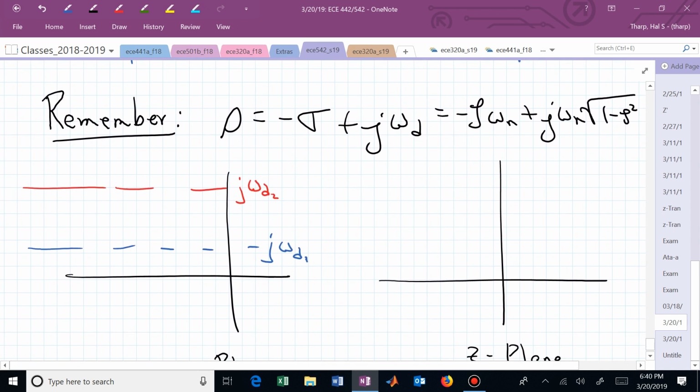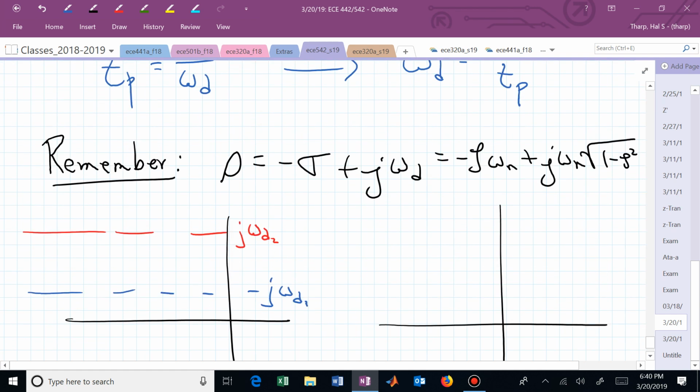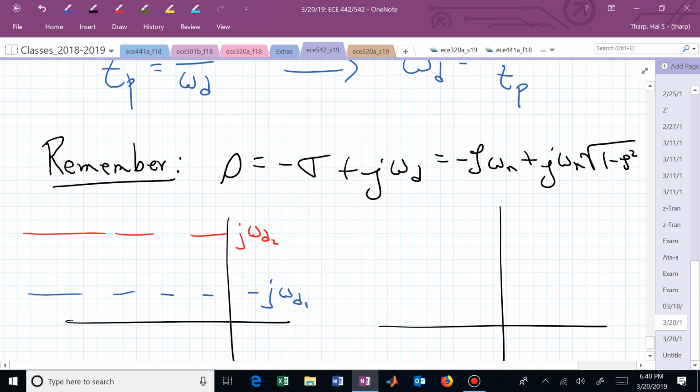What does that correspond to in the z-plane? We're now going z is equal to e to the st. s is minus sigma plus j omega, so that's our r.